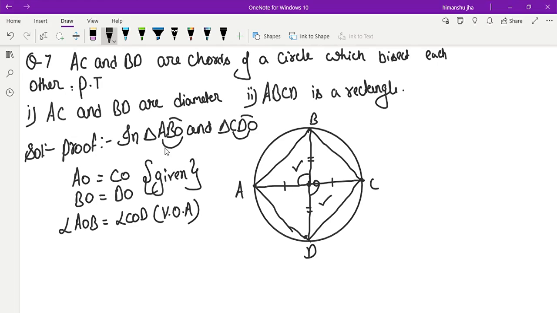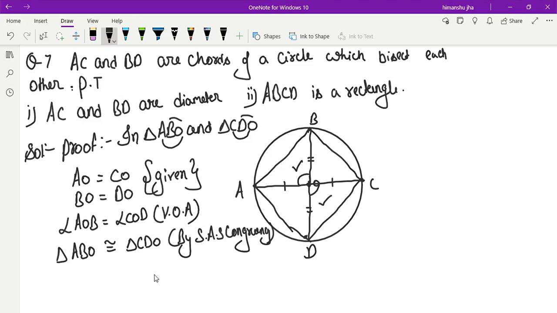It means triangle ABO and triangle CDO are congruent to each other by SAS congruency. By SAS congruency, correct? Now by CPCT, what can we say?